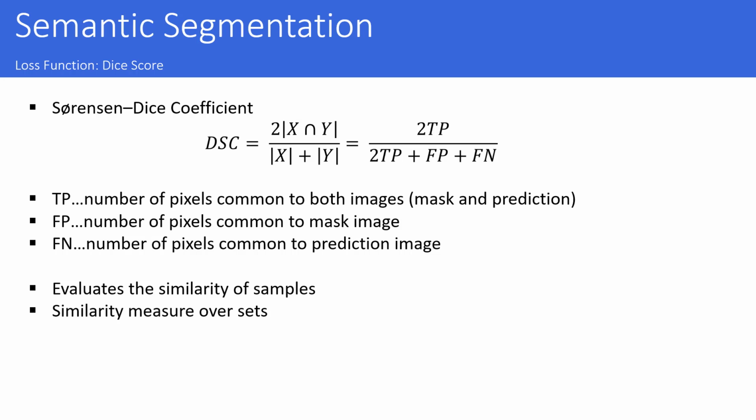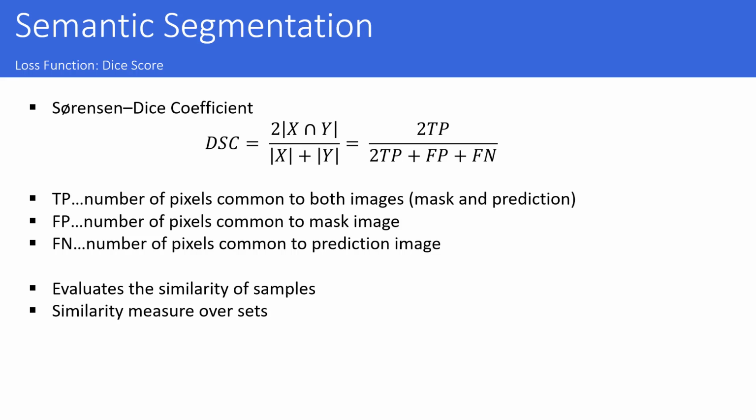One is the mask, so the true information, how the different classes should be visible on some processed image. And you have some prediction from the algorithm. So the true positives are the pixels where the prediction equals the mask information.